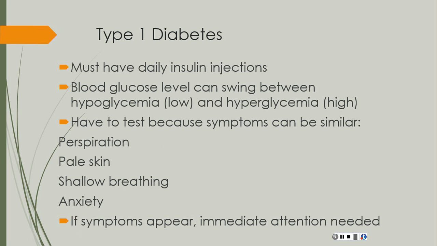If it's low, it's called hypoglycemia, or if it's high, it's called hyperglycemia. So there's testing that needs to be done. Symptoms can be similar for either high or low levels of blood glucose, and they can include perspiration, pale skin, shallow breathing, anxiety. If these symptoms start to appear, the person needs attention immediately.